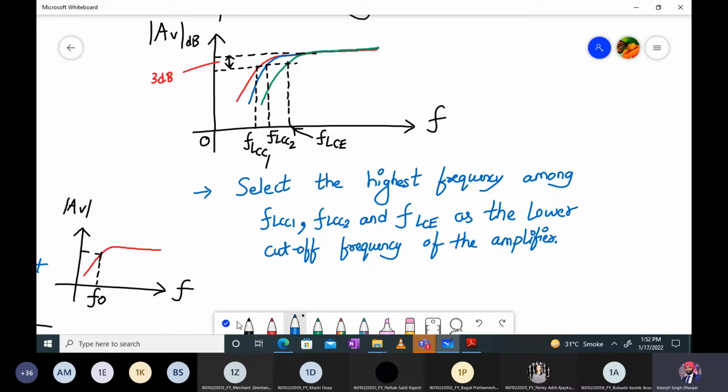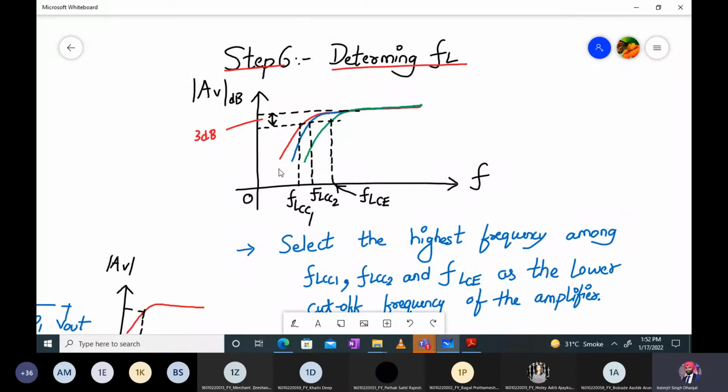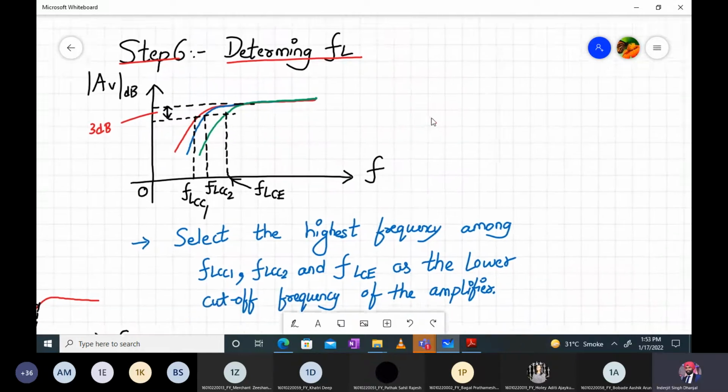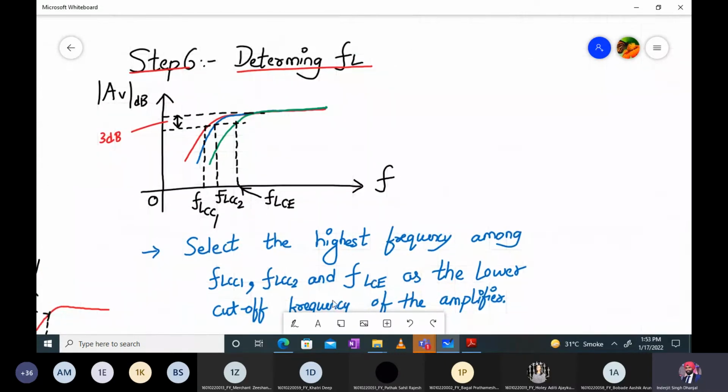In fact, all of them will be affecting the low frequency response, as you can see, right? FL of CC1, FL of CC2 and FL of CE will be attenuating at lower frequencies. So one more line we can add is that external capacitors CC1, CC2 and CE will affect only the low frequency response.